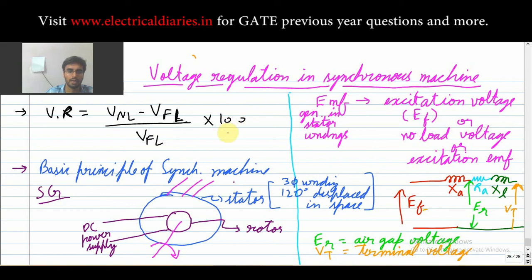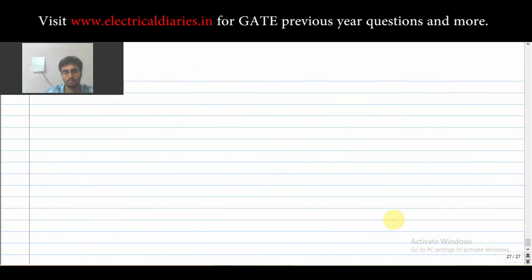So that is the formula for the voltage regulation in the synchronous machine: voltage at no load, that is EF, minus full load voltage, that is terminal voltage, divided by VT into 100. So this is the relation.